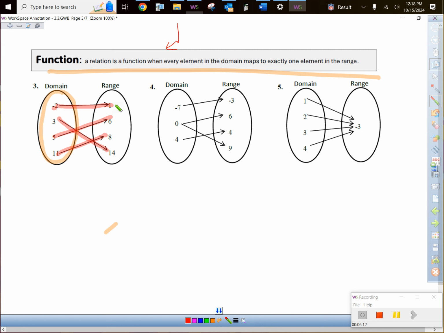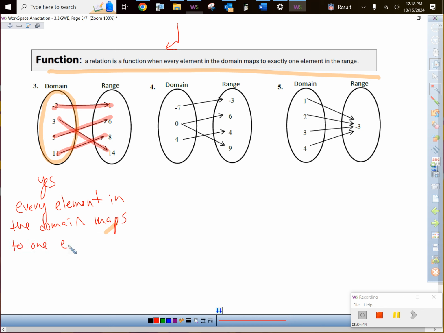Is there even instructions that ask us to see if it's a function? So the answer to this is yes. This is a function. Yes. Every element in the domain, that's what we're going to write. Every element in the domain, those are the x's, that's why we only cared about that orange bubble, maps to one element in the range.